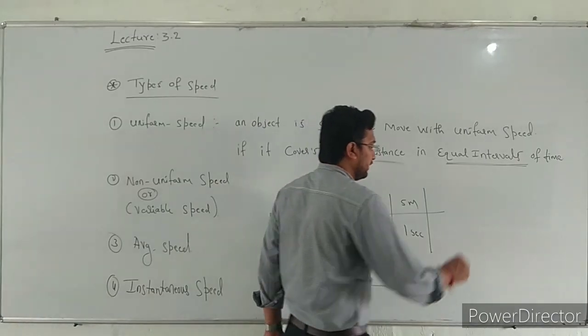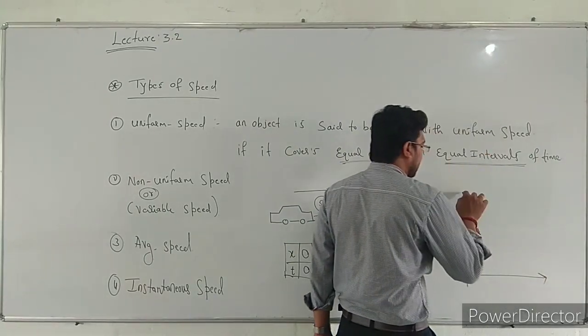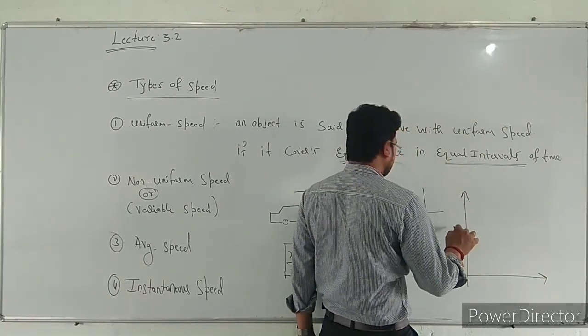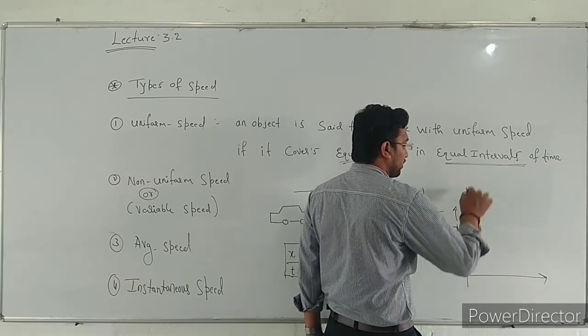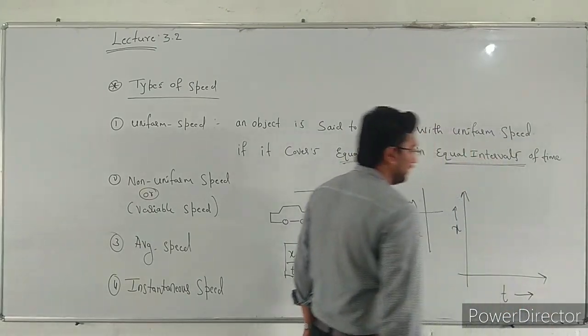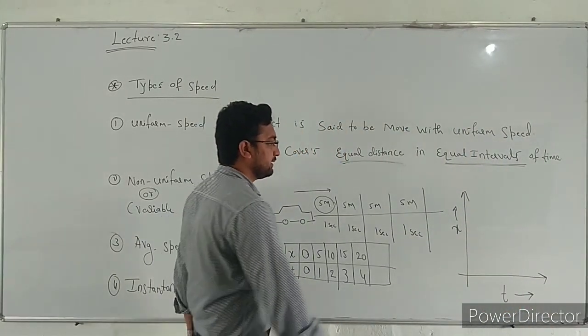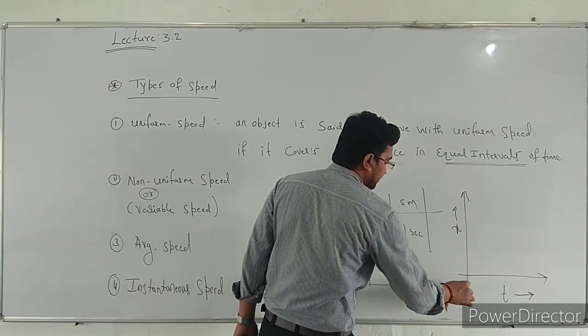So here we are drawing a graph of distance versus time. The distance is denoted by x. We take the distance along the y-axis and the time along the x-axis, right?